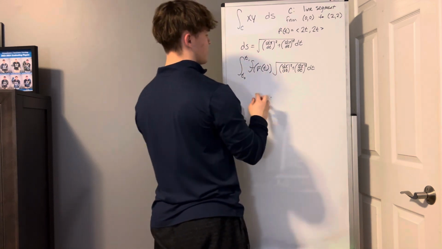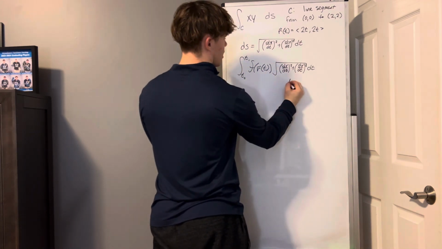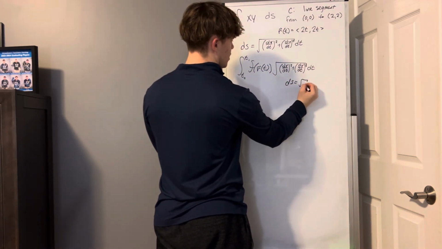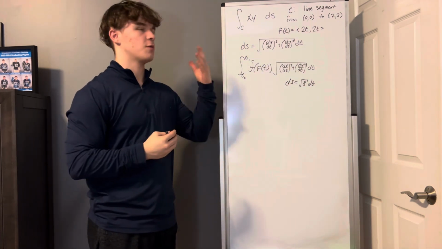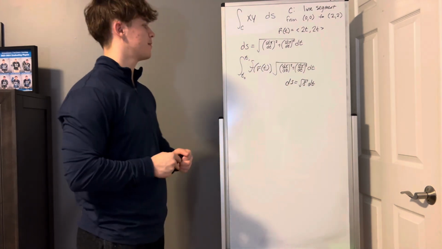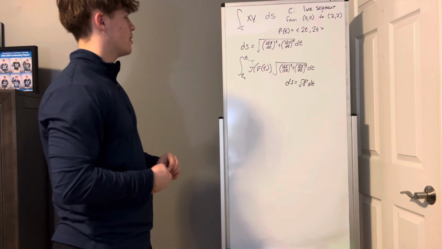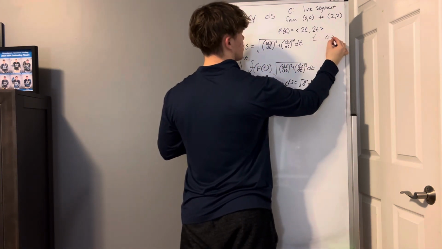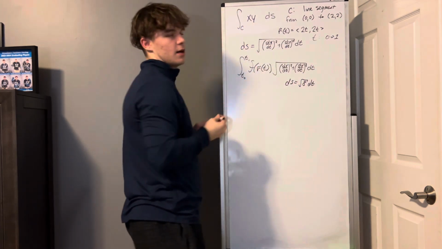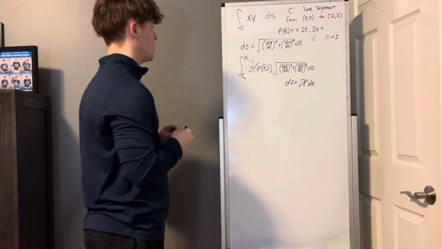So this actually simplifies to ds equals root 8 dt. And this is why I chose something this simple. And we know that t runs from 0 to 1 in the case of a line.